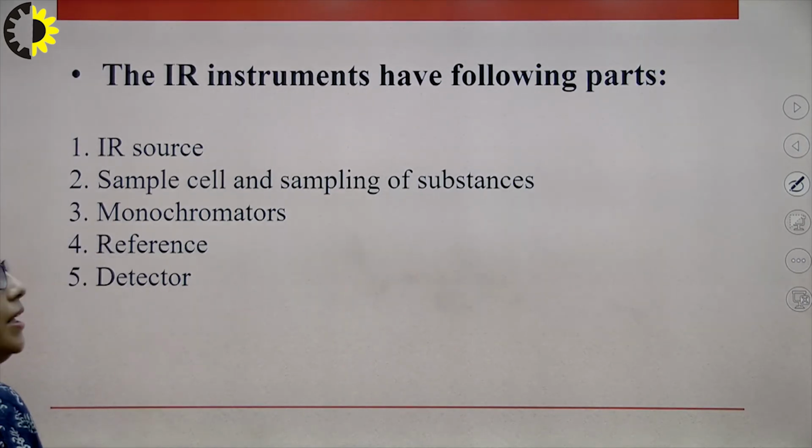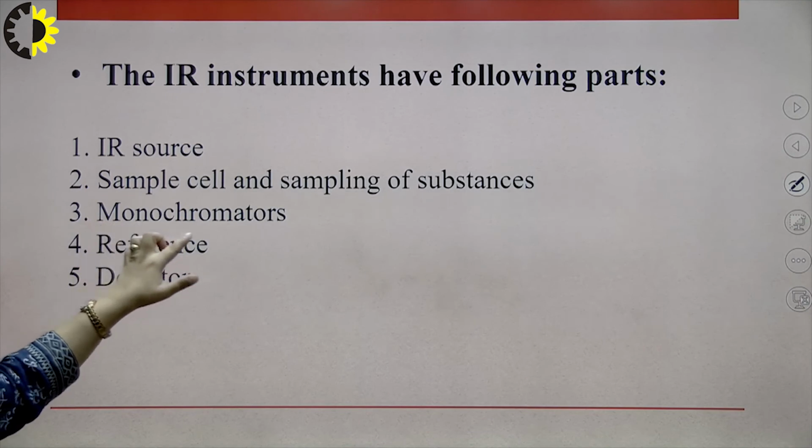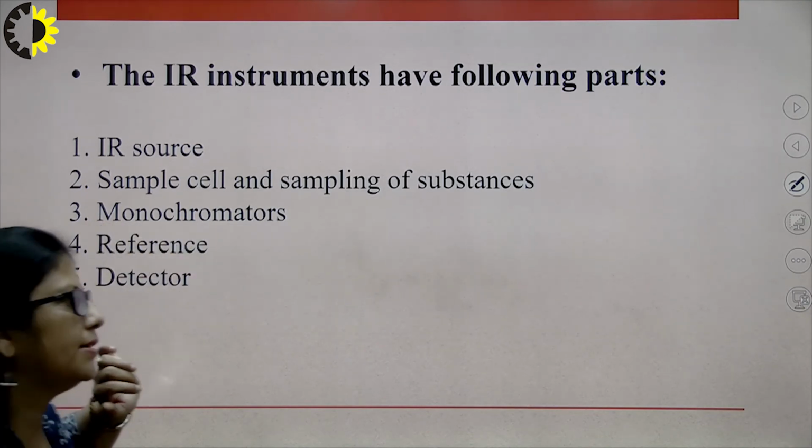Now coming to the different parts of the instrument. One is the IR source, then the sample cell and sampling of substances, monochromators, reference and the detector.